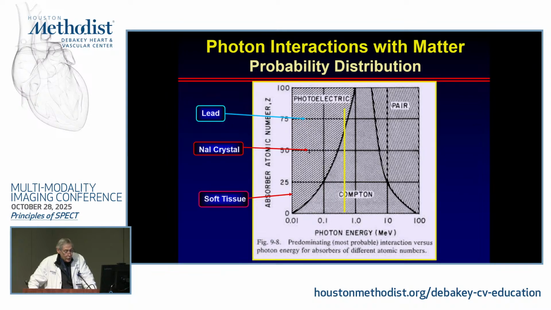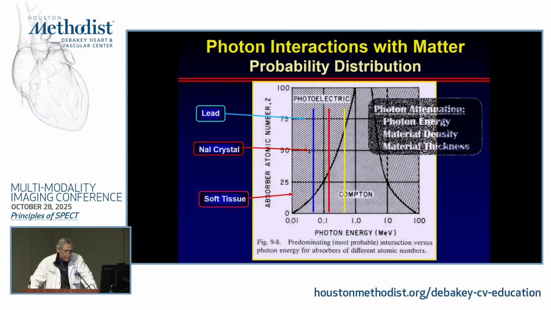If you look at soft tissue in terms of technetium or thallium in blue, you can see that most of what you get with thallium and technetium is actually Compton scattering. And that's usually in tissue, with also the photoelectric effect in the crystal, because you can see that the majority of photons at that particular density of sodium iodide crystal is going to be photoelectric effect with thallium and technetium. But in soft tissue, most of what you're going to get is Compton scattering.